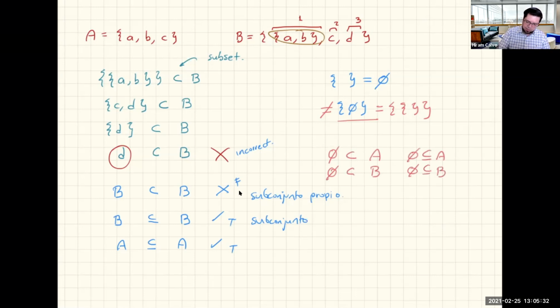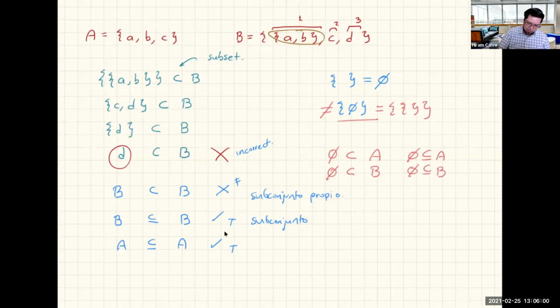So the difference between these symbols is just that this one allows the subset to be exactly the same as the set. But in general, it means subset. This is a proper subset, and this is subset. In general, when we speak about subset, we will be thinking of this one.